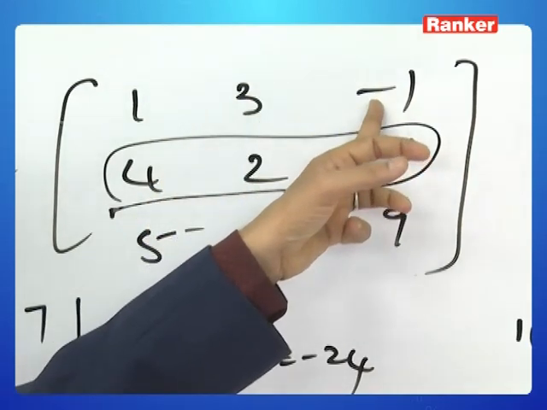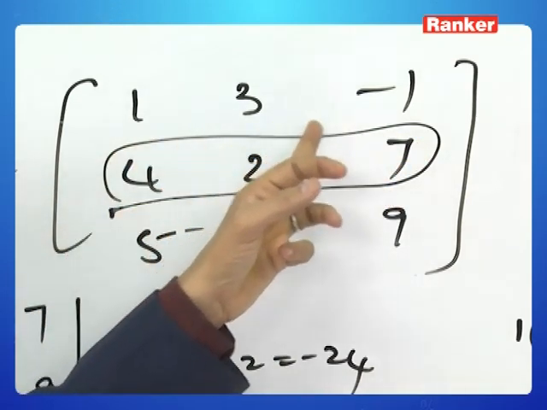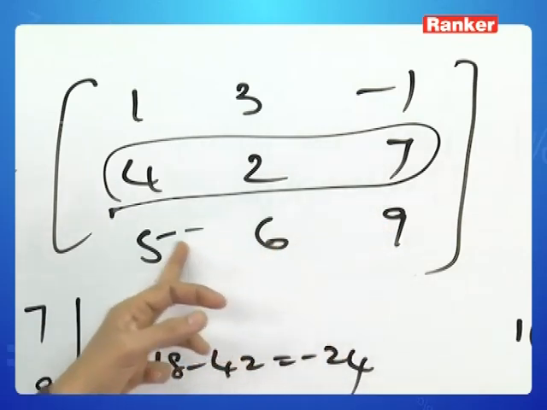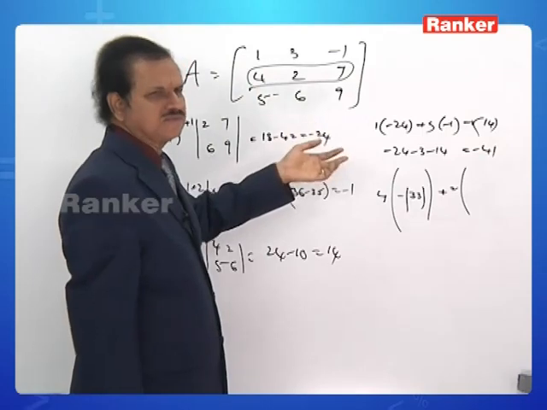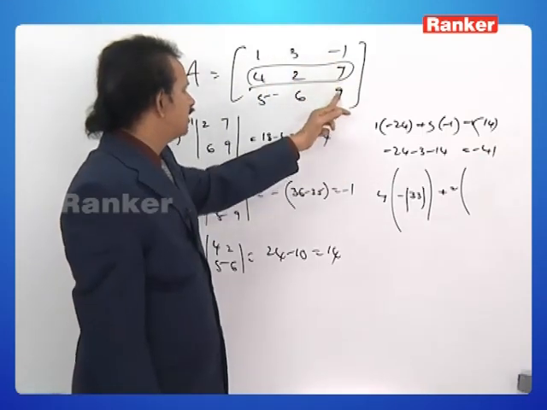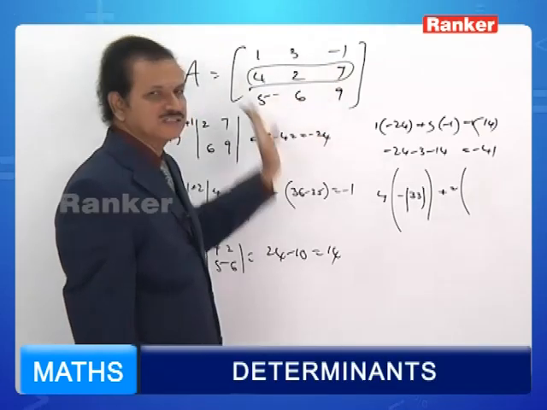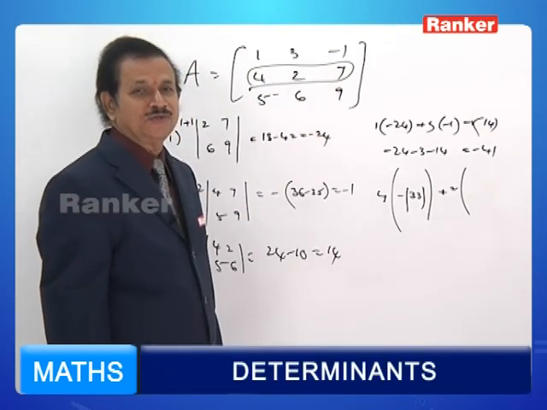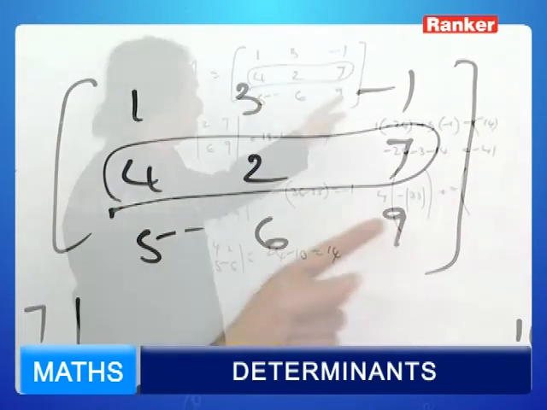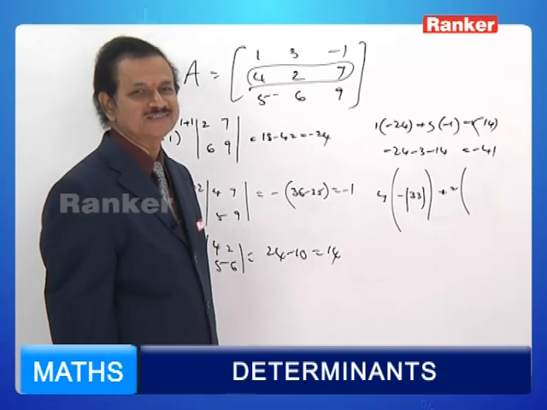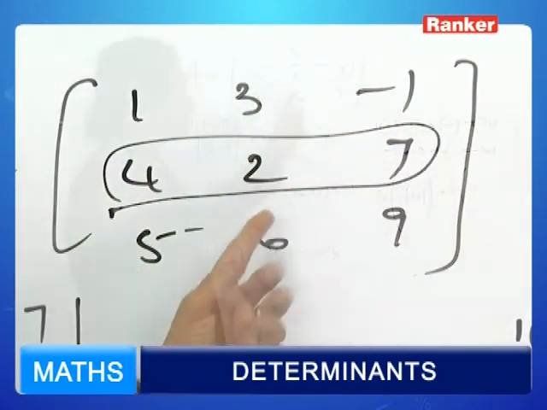First row, third column, plus. So plus minus plus minus. Anywhere you proceed, alternate plus and minus. You do not use that in a diagonal way, plus plus plus. Don't proceed in that way. So plus minus plus minus, etc.